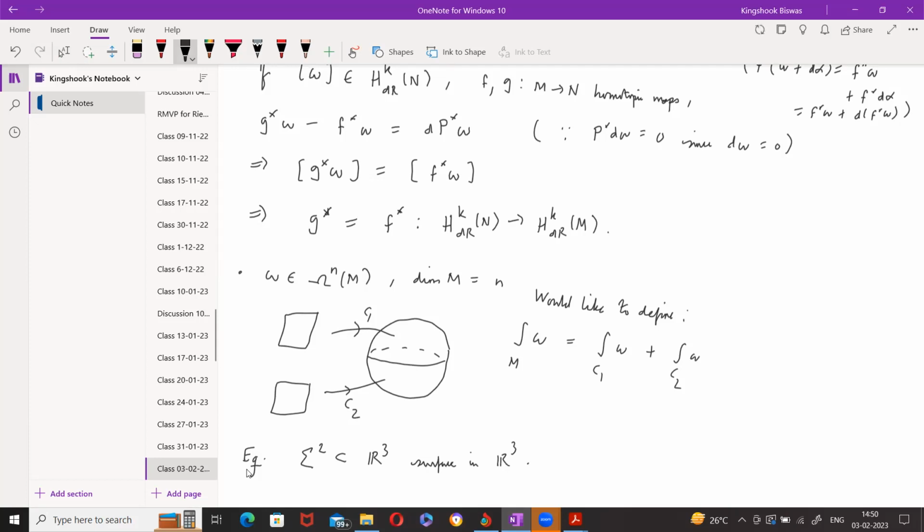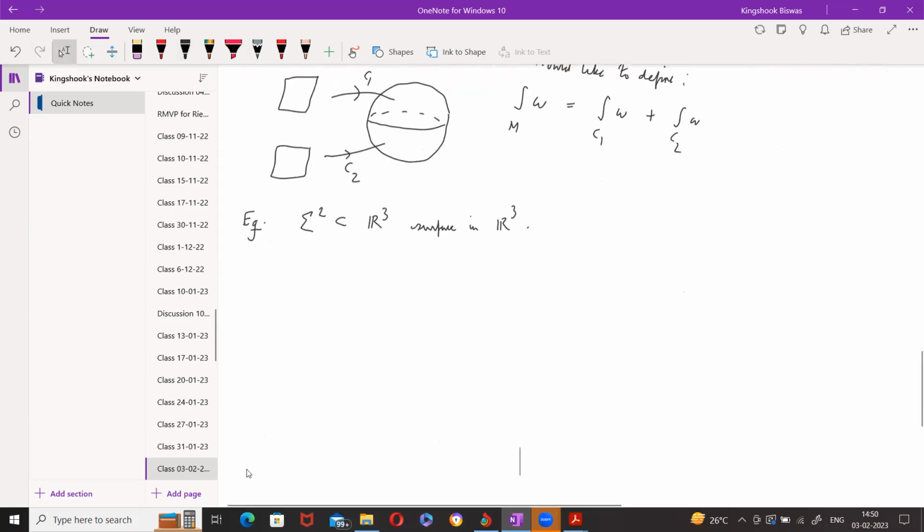Suppose I have an orientation on sigma. That means on each tangent space, I can choose an ordered basis which gives me the orientation mu p, right?